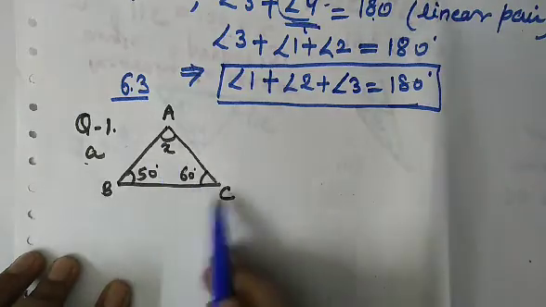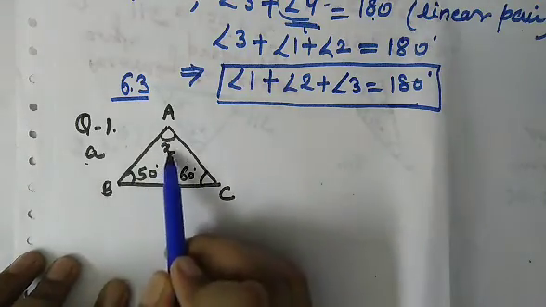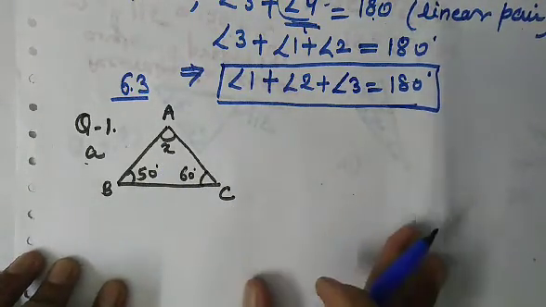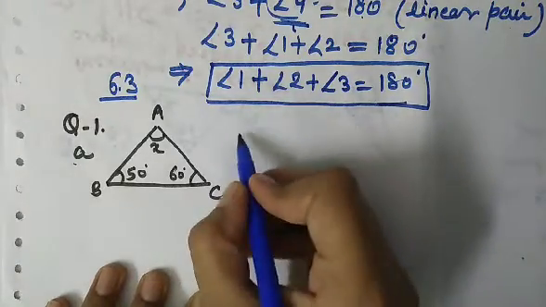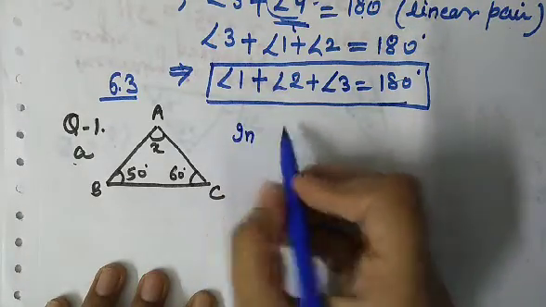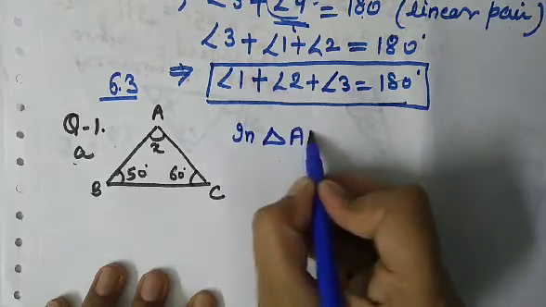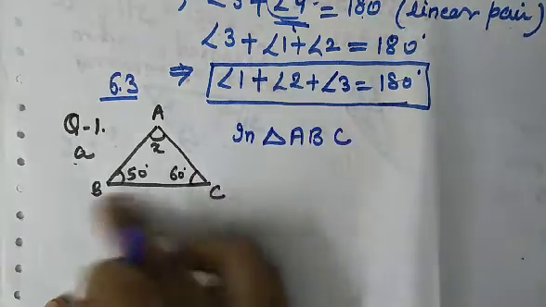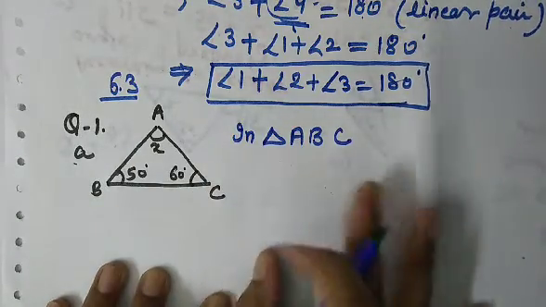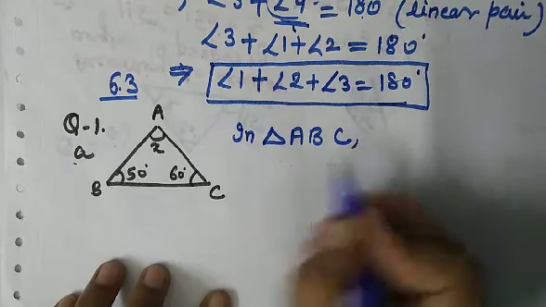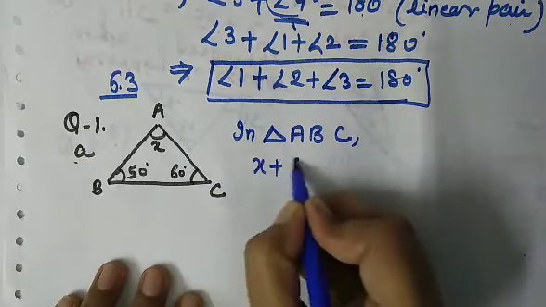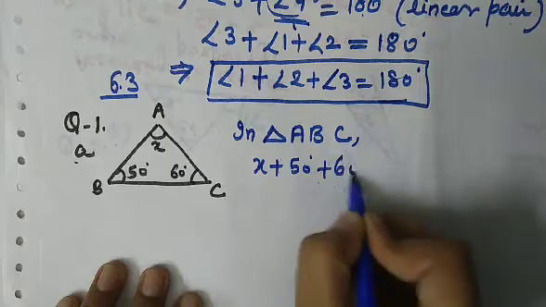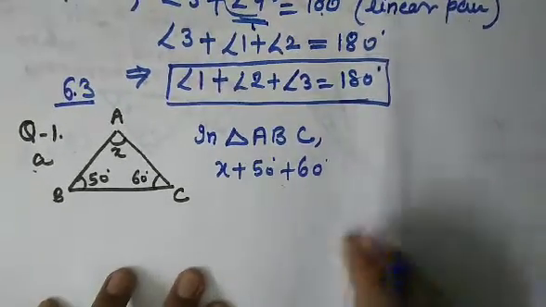As we know, ABC is a triangle and this x, 50 and 60 are its interior angles. So how will you write this? In triangle ABC, because we have been given this triangle, you can write x plus 50 plus 60, their sum is equal to 180.